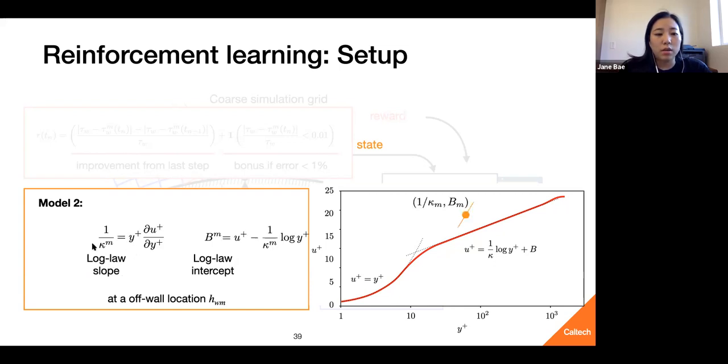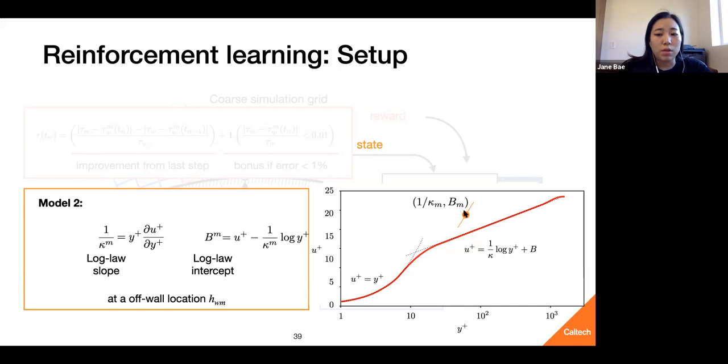So again, even though this looks like it's kappa and b, it doesn't have any information about the actual kappa value and the b value. And what we're doing is manipulating the velocity gradient and the wall normal location so that we can obtain the instantaneous slope.